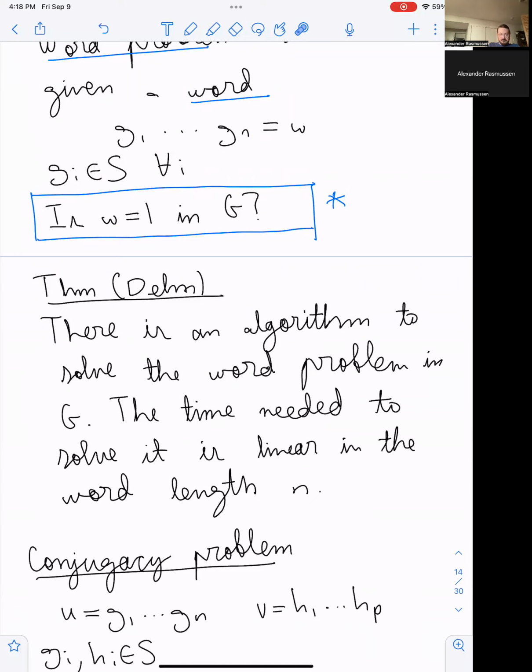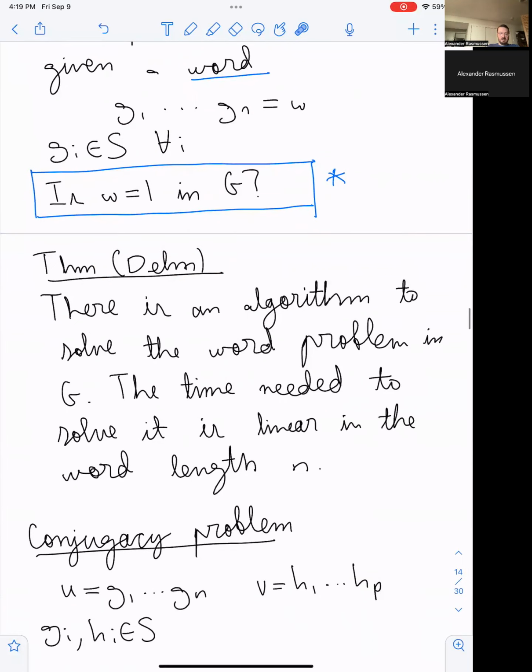Okay, and well, Dehn didn't actually know what a hyperbolic group was. This was a really long time ago, but basically he gave the idea in certain specific cases, which can be souped up pretty easily to cover a general hyperbolic group. So this theorem can be safely attributed to Dehn.